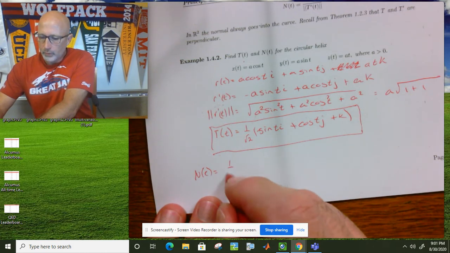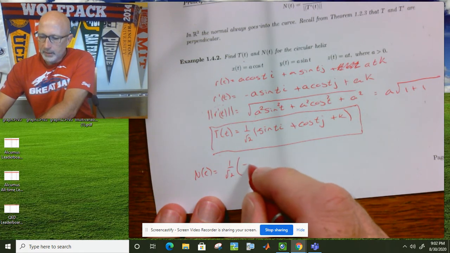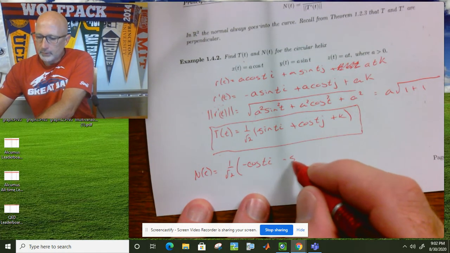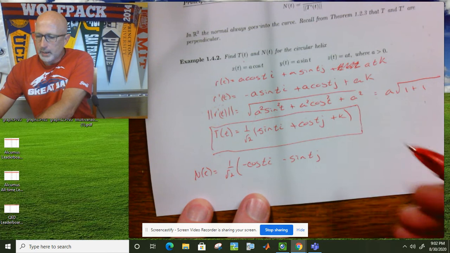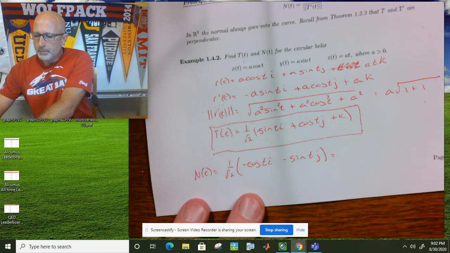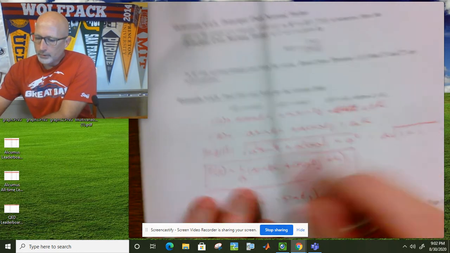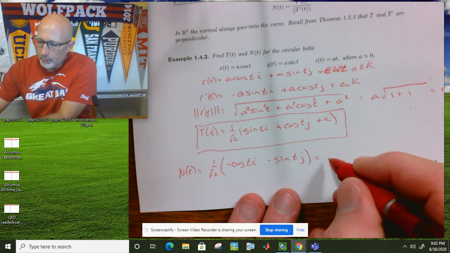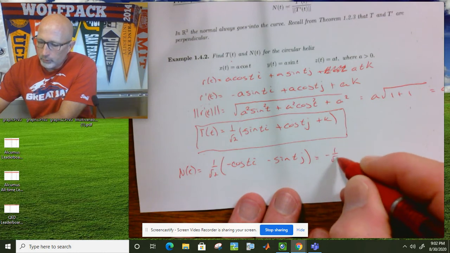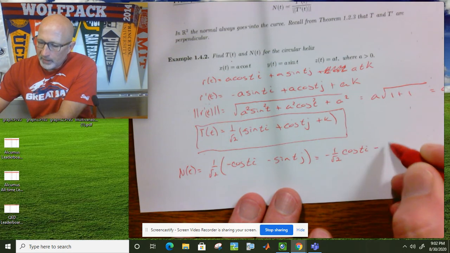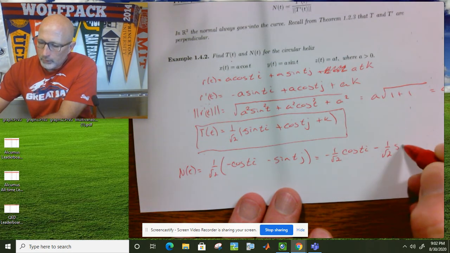So I have 1 over root 2 times negative cosine of t i minus sine of t j, and then that k clearly goes to 0. I'm going to factor out a negative. I don't even know if I need to. I'll just go ahead and rewrite this as negative 1 over root 2 cosine of t i minus 1 over root 2 sine of t j.